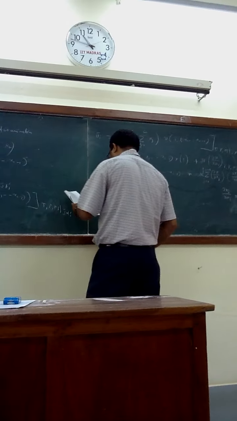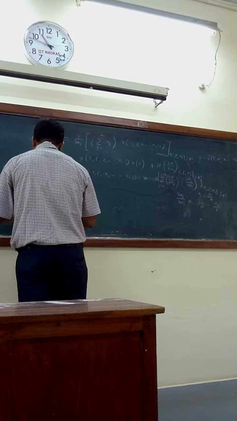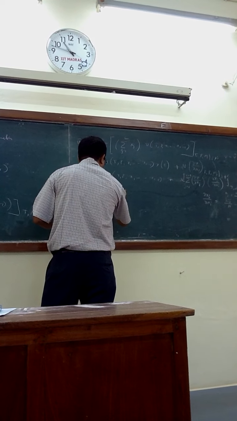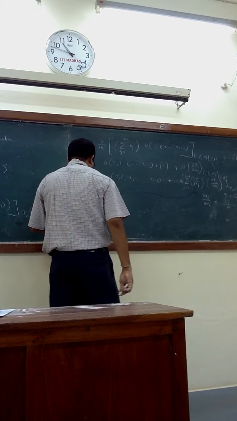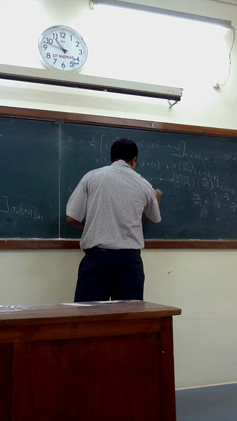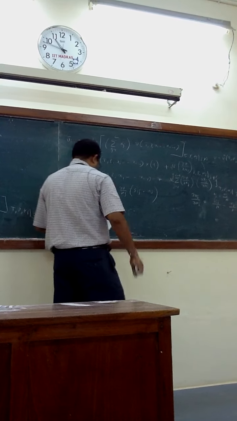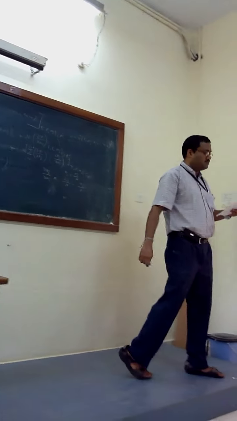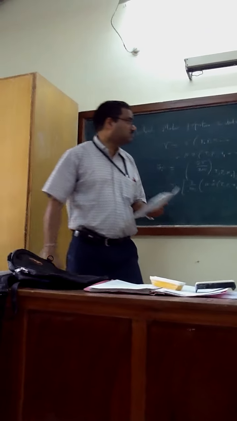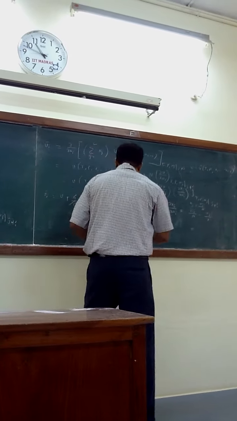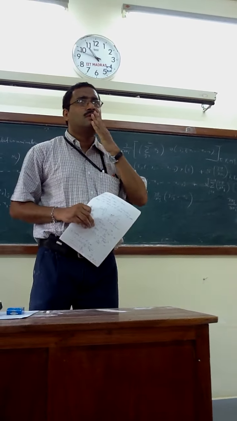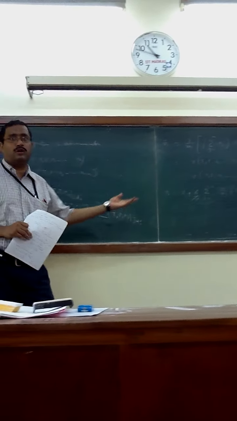So what do you get? Finally, V_i bar equals V plus n summation j equals 1 to c minus 1 of ∂V/∂x_j times (delta_ij by n minus x_j by n).